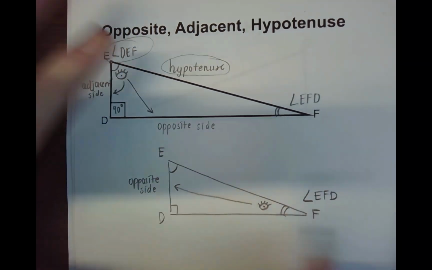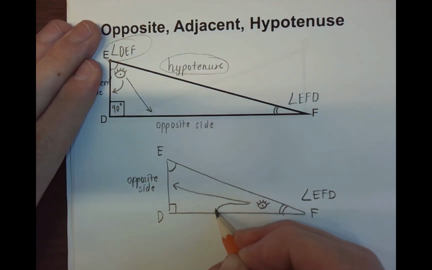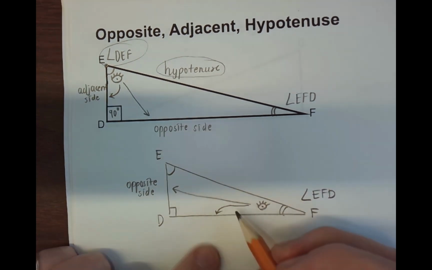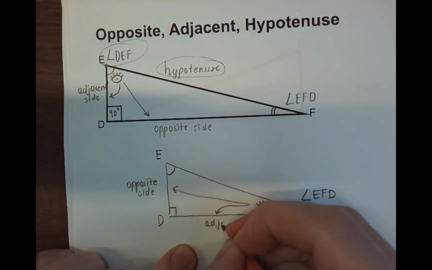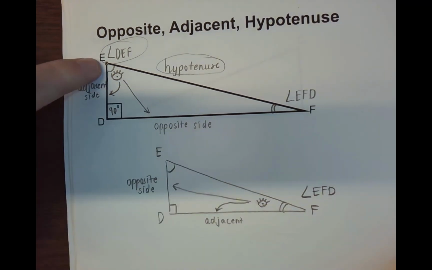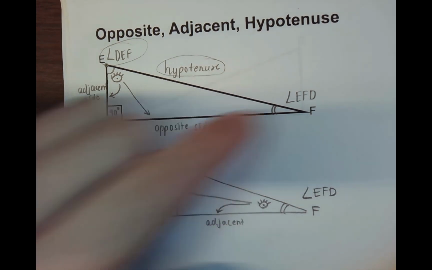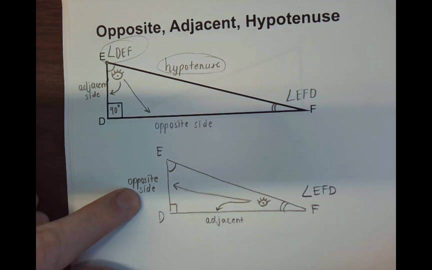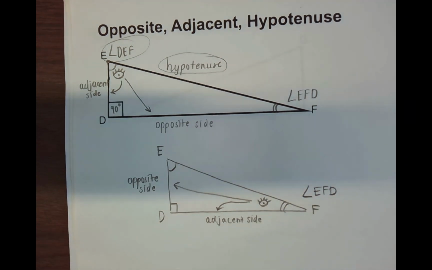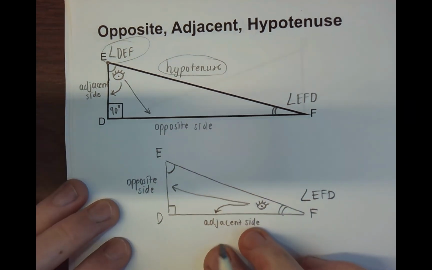And what's adjacent, air quotes, to it, or to that little viewer, it's going to be this side. So depending on which reference point, which of the non-right angles, you get a different label, or you're considering a different side as the opposite or as the adjacent.